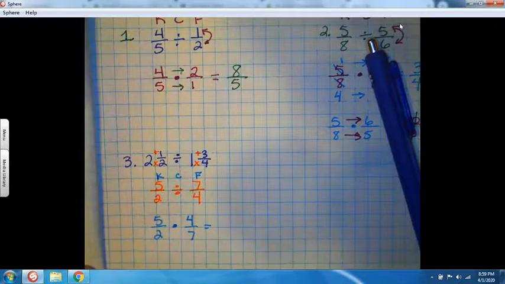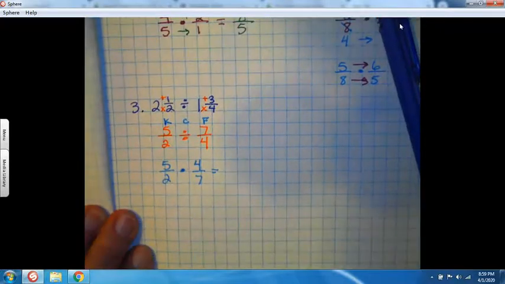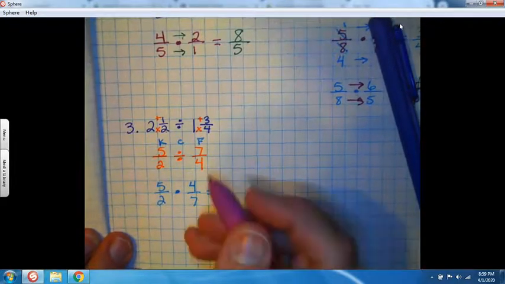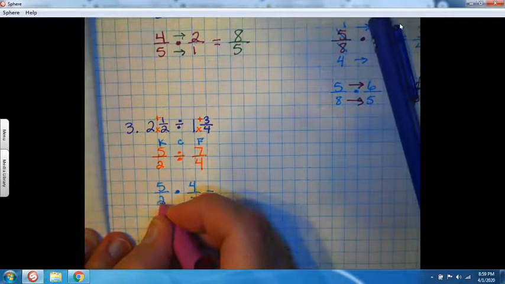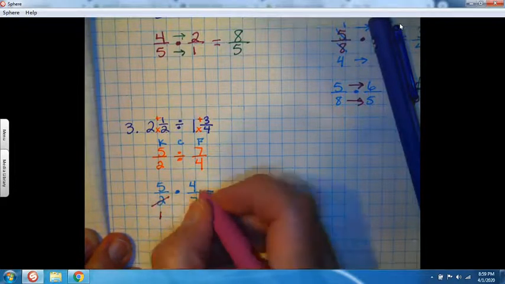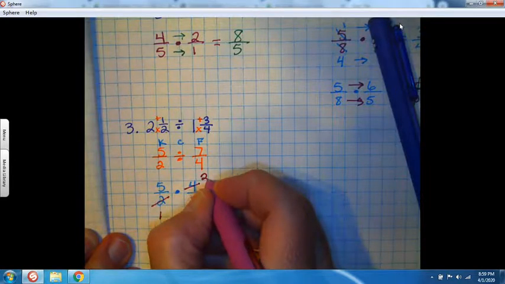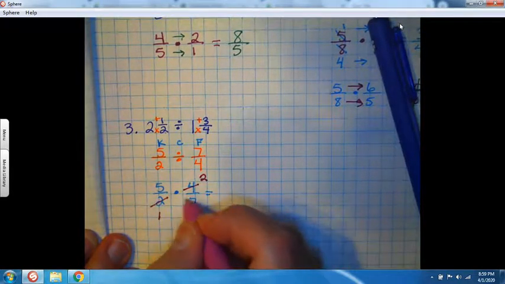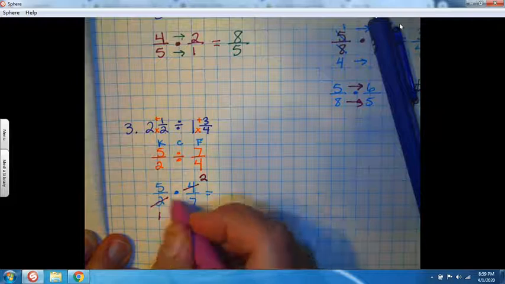And you can do your cross products here. Greatest common factor of 2 and 4 is 2. 2 goes into 2 once. 2 goes into 4 twice. 5 and 7 you can't do because they're both prime.